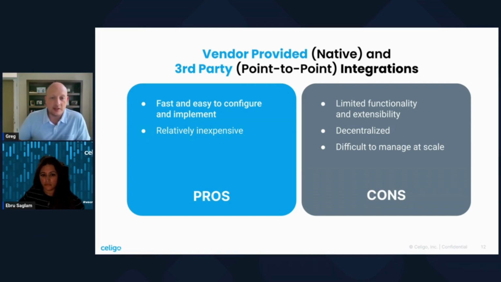And just another thing is, we mentioned decentralized here. We've seen situations where you can have four or five different point-to-point integrations that you have to maintain separately. And at that point, it really makes sense to start to look at an iPaaS instead of maintaining four or five different custom integrations.